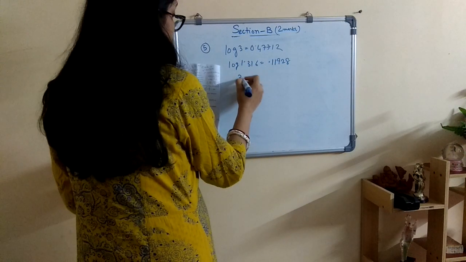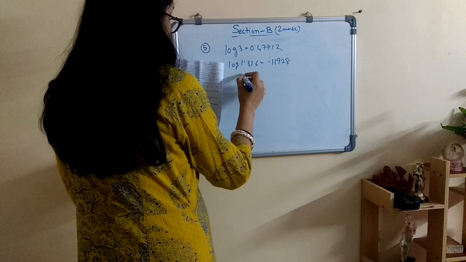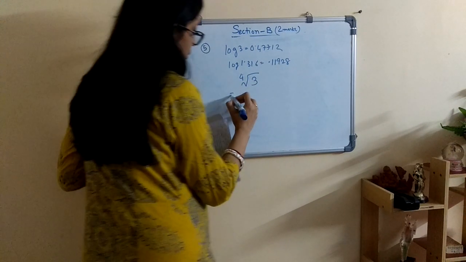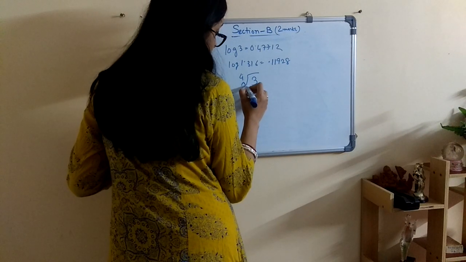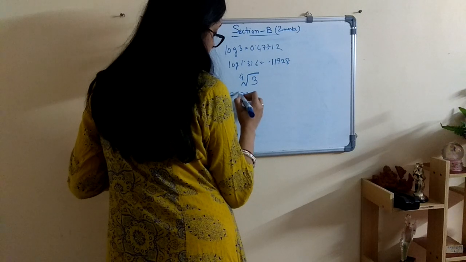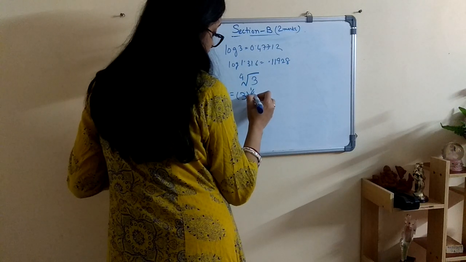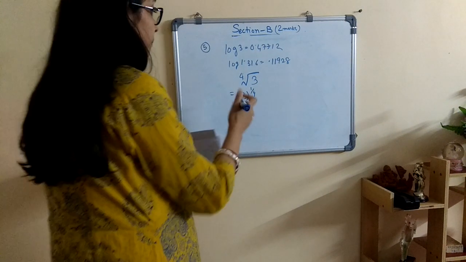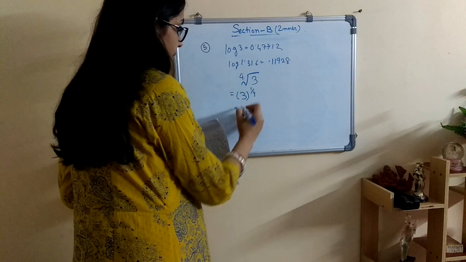We have to evaluate the cube root of 3. So now we know that when we eliminate the root, it is in the form of a fraction to the power of the base.